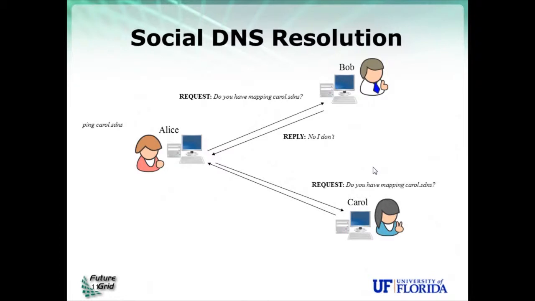So Bob may not have that mapping, but Carol may have that mapping, and Alice will get the IP address that it maps to, and Alice in this case doesn't have to remember Carol's IP address, and rather a simpler to remember, simpler to use name. Now if you have multiple mappings for the same address, Alice will be presented with an interface where she can choose which of the mappings she would like to use.